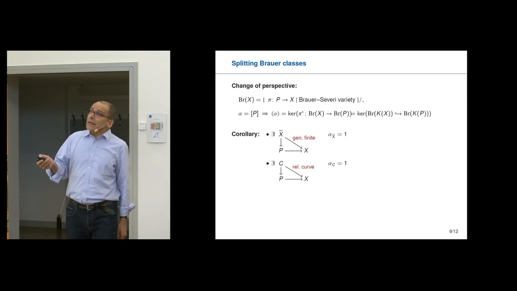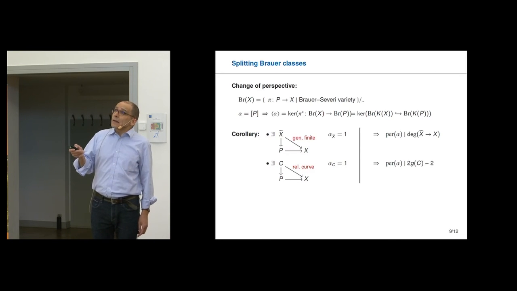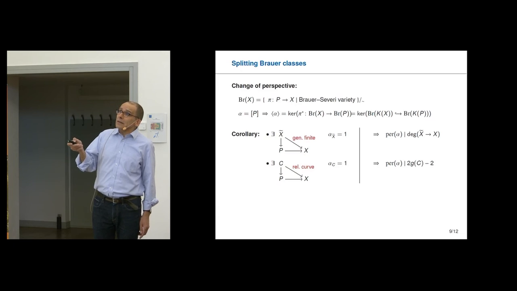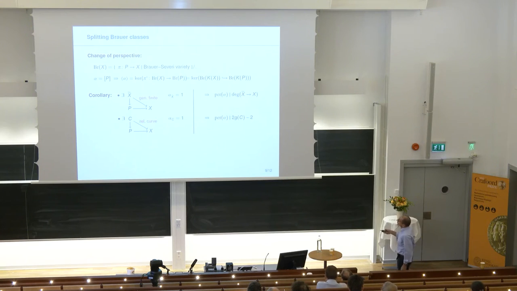These two constructions are very nice, but they have an obvious drawback, namely that you cannot control the degree of this thing. For simple reasons, the period of alpha, the order of the Brauer class, divides the degree of this extension. So these finite coverings you're using here get completely out of control.